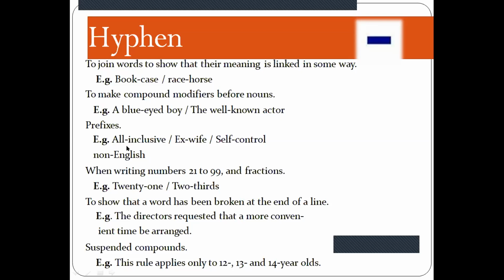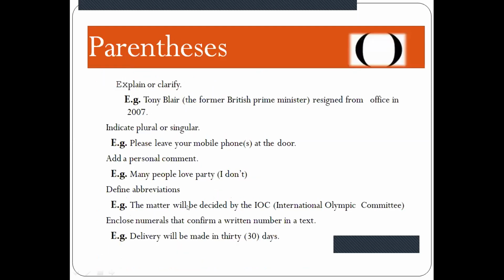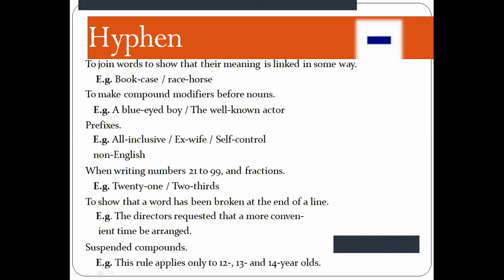Prefixes such as ex-wife, self-control, non-English. Also used when writing numbers 21 to 99 and fractions, like 21, you see, put a hyphen in most cases, but sometimes it's not necessary.